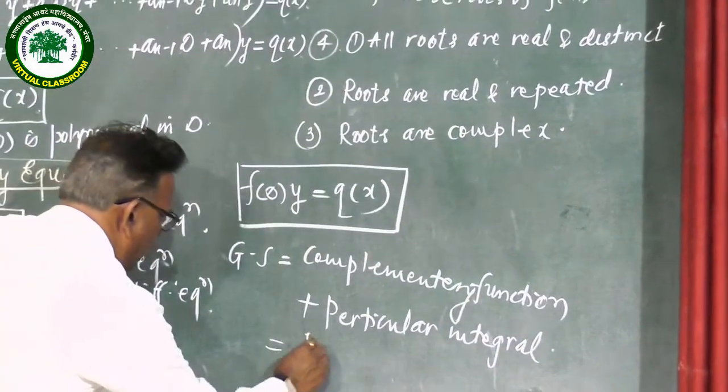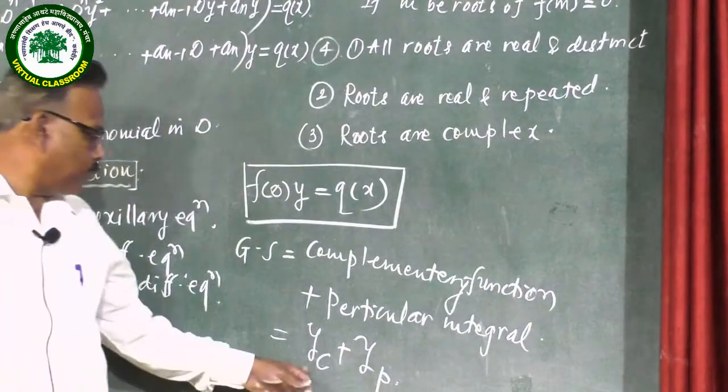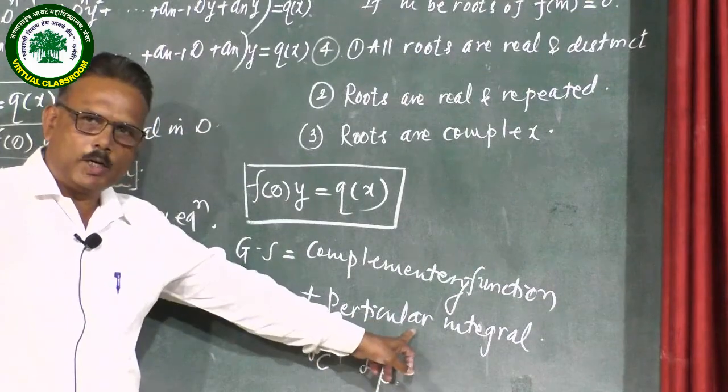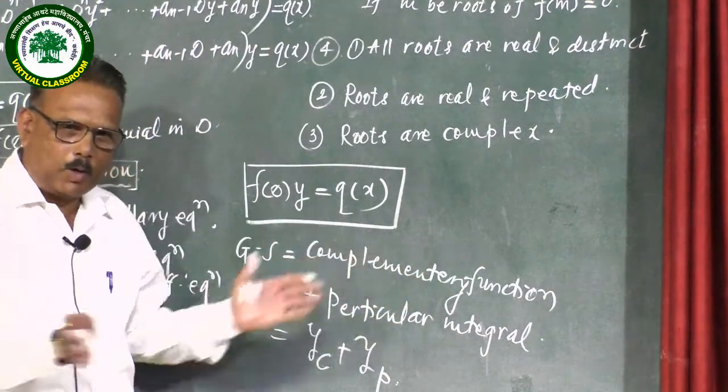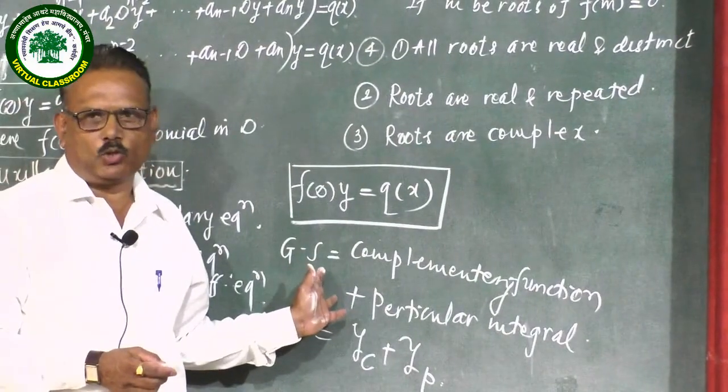This is yc plus yp, where c stands for complementary function and p for particular integral. After taking the sum of these two, the differential equation has a solution called the general solution.